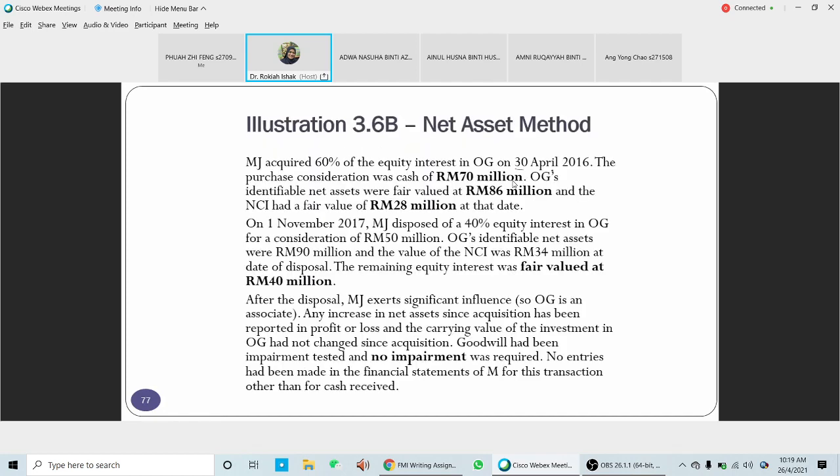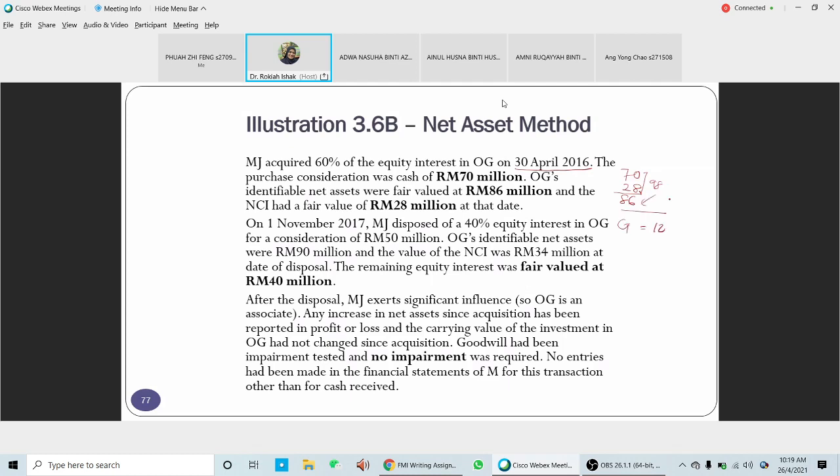The purchase consideration was 70. Net identifiable assets was 86. And then the NCI has a value of 28. So add these two, you're going to have 98. So 98 for the investment and then minus net identifiable assets, so you're going to have a goodwill of 12.